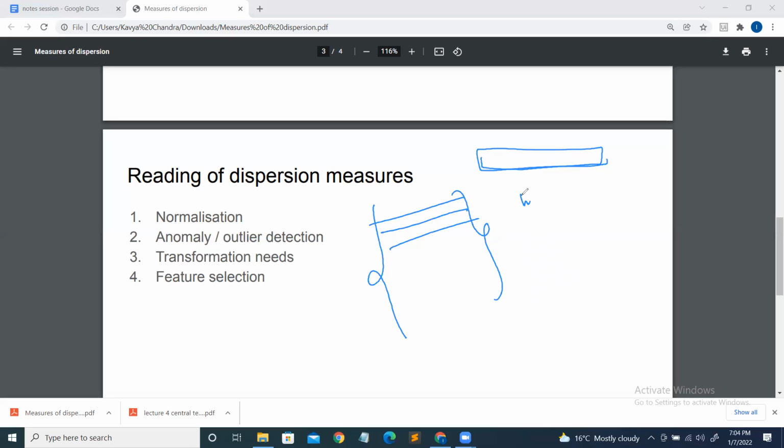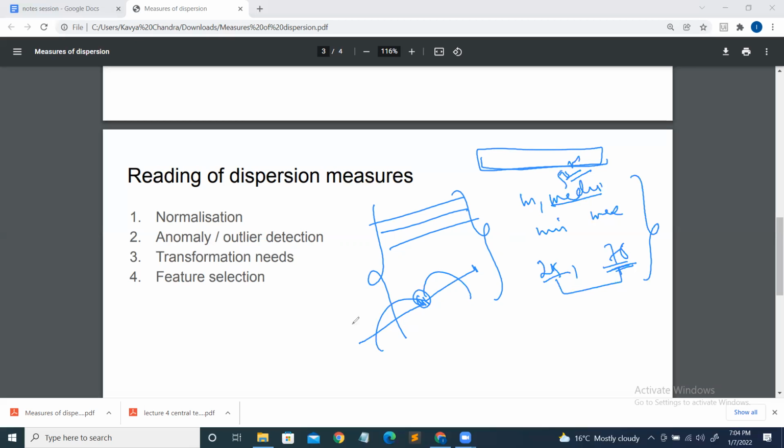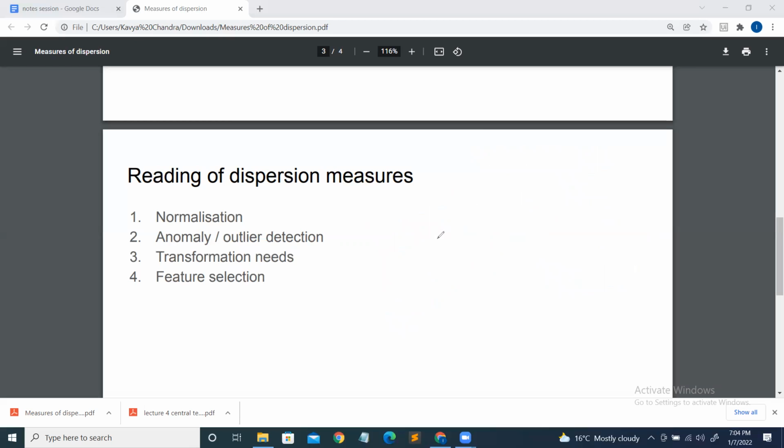If I know the mean, the median, the minimum value, the maximum value, and the quartile ranges, that is 25 and 75, the interquartile range, I can guarantee you that it doesn't matter how many values there are, I can give you an accurate description of it, or I can understand the data completely. Also remember, median is the 50th percentile. Just a quick reminder, because 50% means the middle value. So median becomes the 50th percentile. So that's why it is used here.